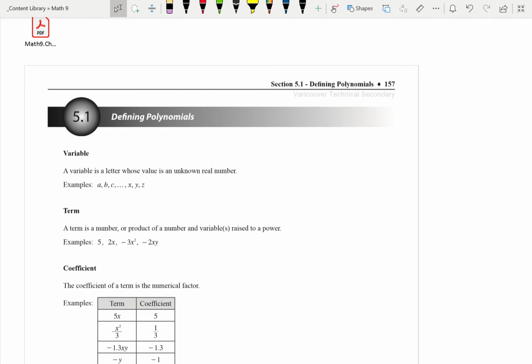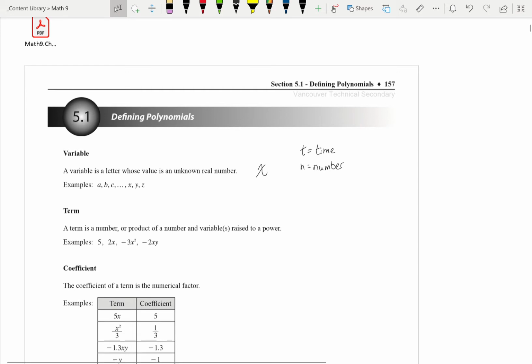So probably most of us know what a variable is at this point. It's a variable and we represent it with a letter, and it's a value that is an unknown real number. The most common one that we're used to is x, but realistically I can use any letter I want to represent anything. Oftentimes we'll use t to equal time. In science, n will refer to the number of something.